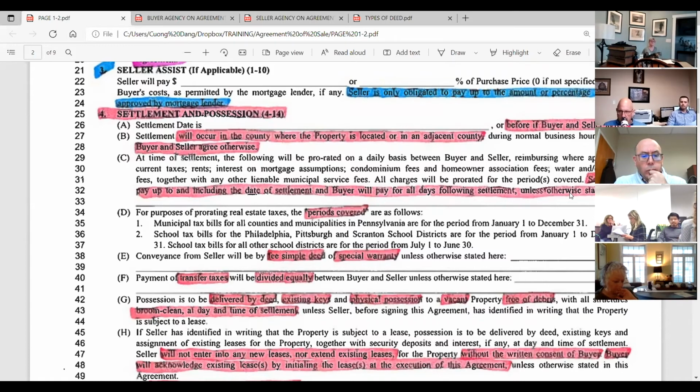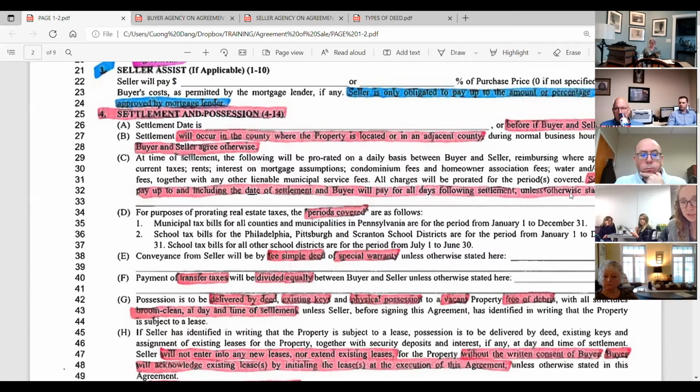The buyer needs to move it up because they're going to be homeless. They sold their house on April 13th. What do you need to do to change that? Morgan. You would need a change in terms. Yep. To move the settlement date.